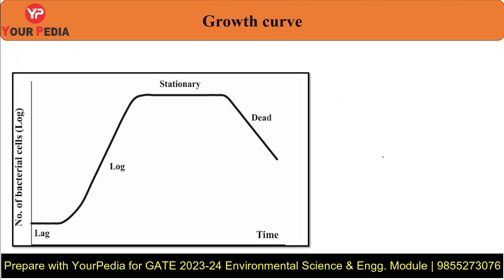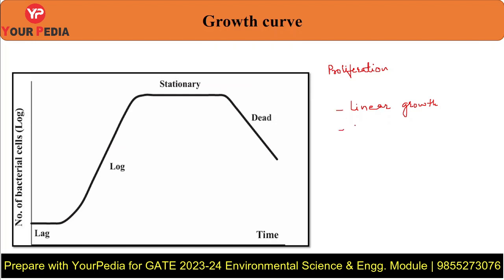So growth or proliferation takes place via two methods. One is linear growth. We are now talking in terms of proliferation or cell number because it's mathematically easier with respect to biomass.